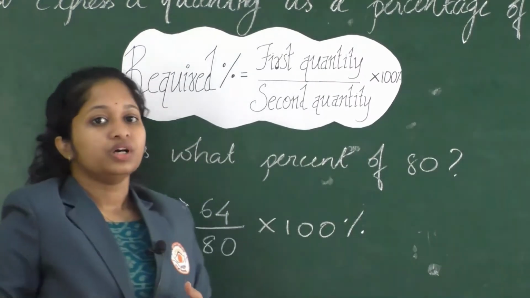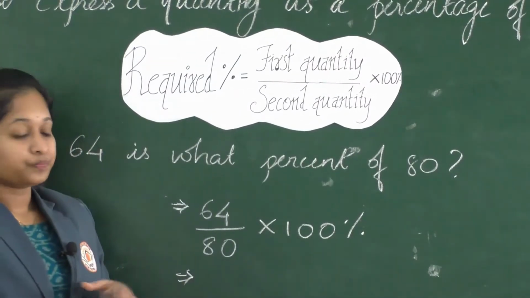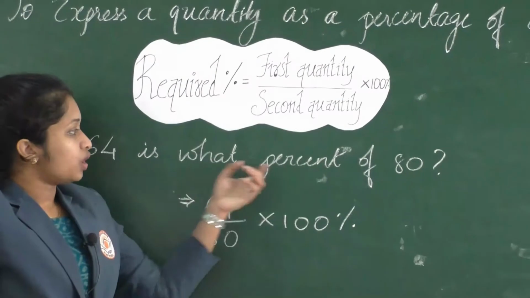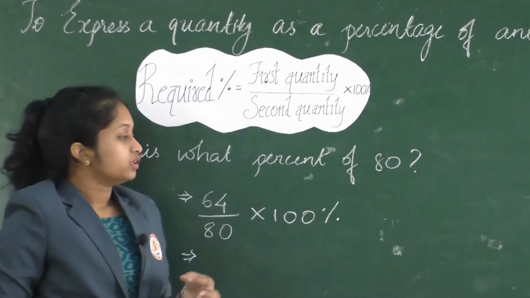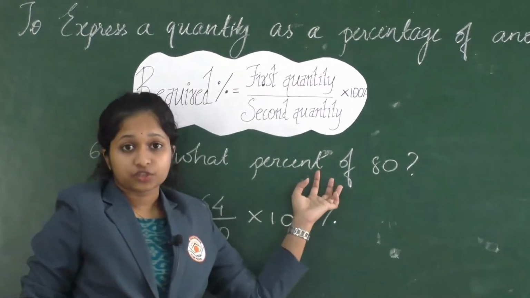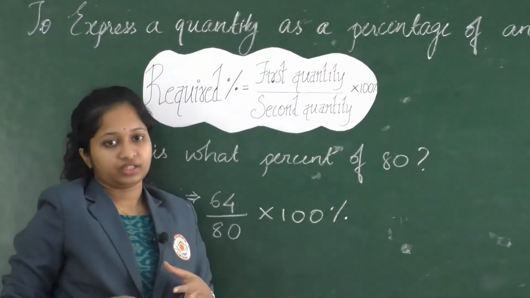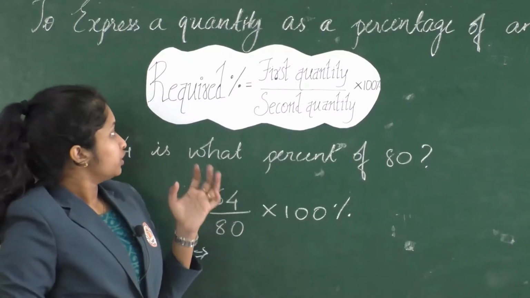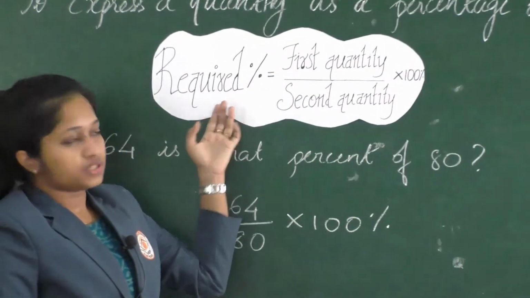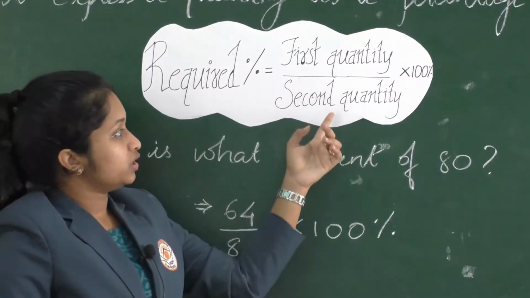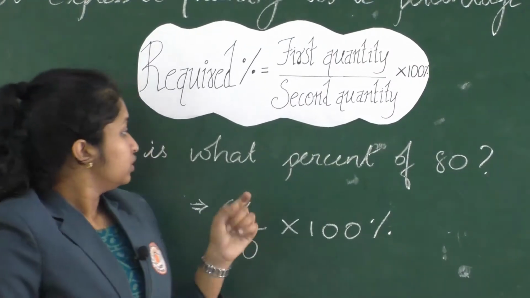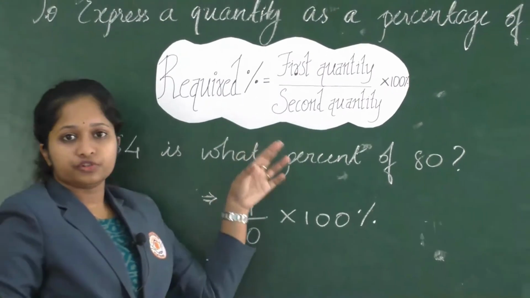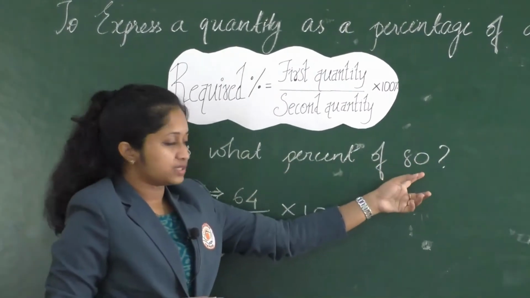So I have a question. 64 is what percent of 80? We already know the required percentage is first quantity by second quantity into 100. Now 64 is the first quantity and 80 is the second quantity.